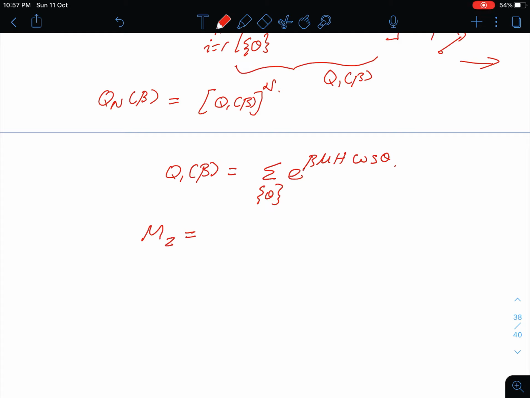So the magnetization, capital M, how much it got magnetized. The magnetization in the z direction is usually n multiplied by the expectation value of mu cos theta. Okay, what is the component mu cos theta?